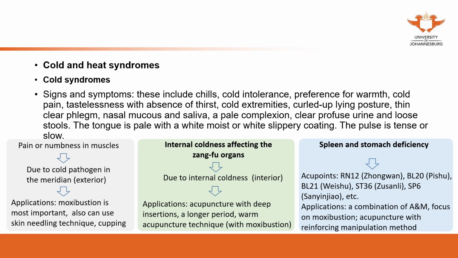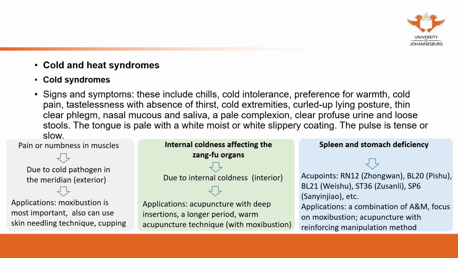Internal coldness: we can use acupuncture with deep insertion, keep it for longer periods, and even the warming acupuncture technique. For instance, a patient suffers from spleen and stomach deficiency. In this situation, the patient may present with all the symptoms that we have mentioned in the above paragraph.